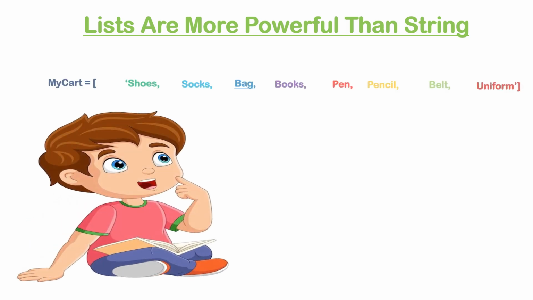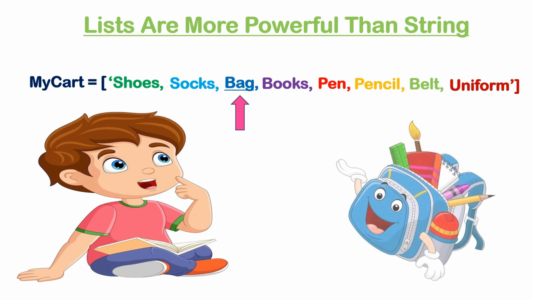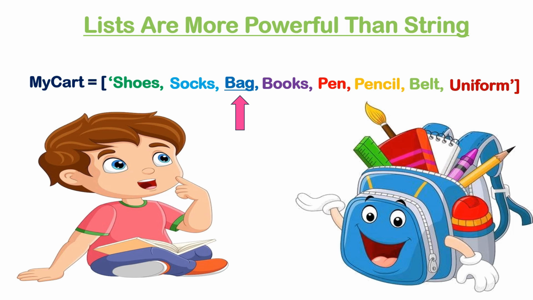For example, we can print the third item in the my cart. So what is our third item in the list? If you go back and check the third item, it is a bag. By entering its position in the list, called the index position, inside square brackets like this.